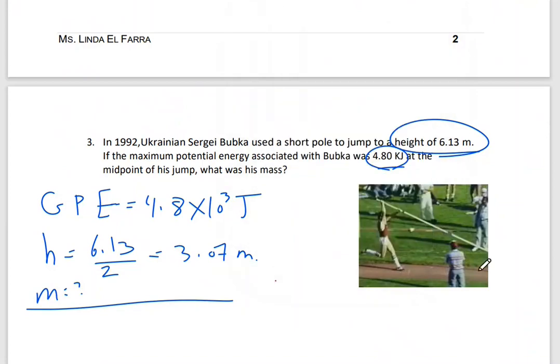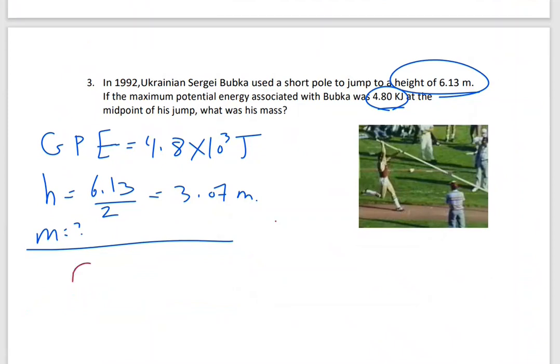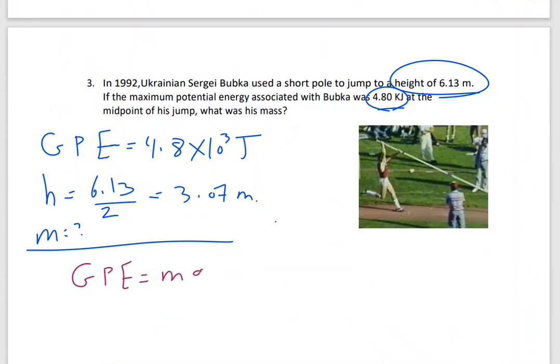So the formula: gravitational potential energy equals m, mass, times free fall acceleration, times h, mgh. Gravitational potential energy is 4.8 times 10 to the power 3 equals, I don't have m, g is 10, h is 3.07.